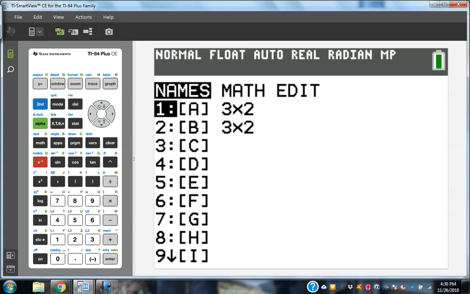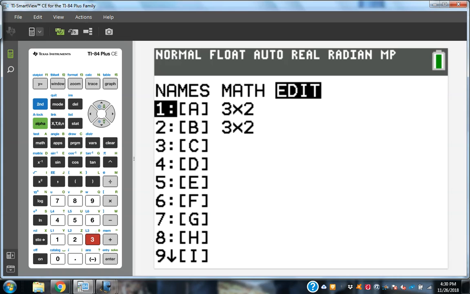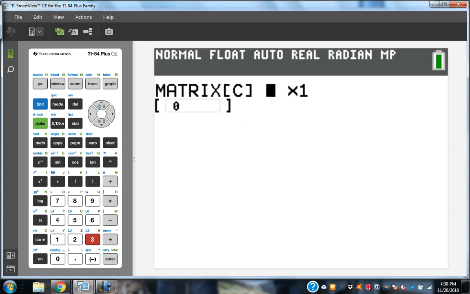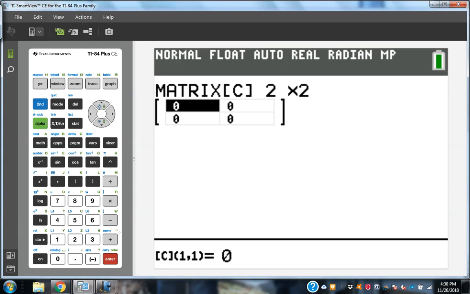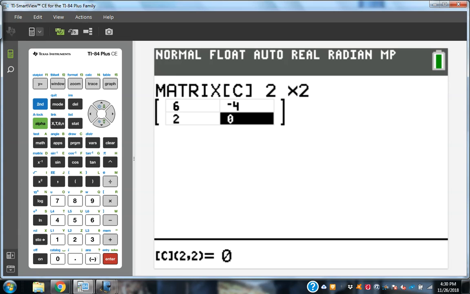Get out of that, go back to the matrix menu again. I'm going to go to matrix C this time, and this one is a 2 by 2. And 6, -4, 2, -1.